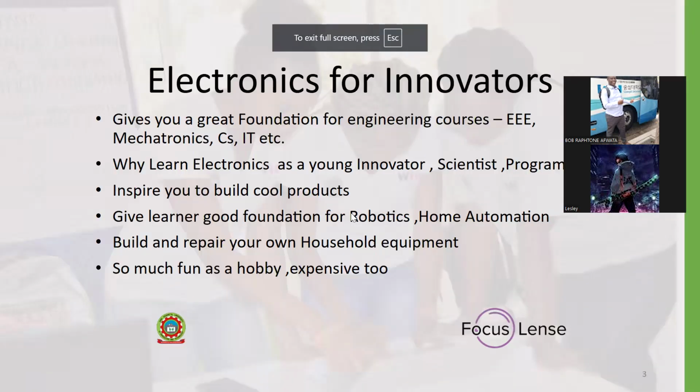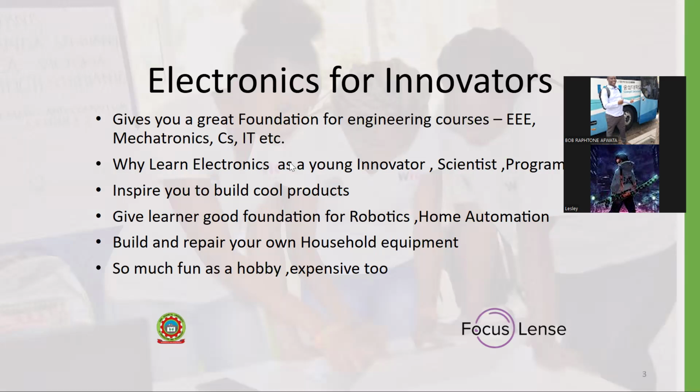Last time we looked at the introduction to electronics and why it is important to learn it as an innovator, as a scientist, and also in your career in robotics and mechatronic systems, and also to help you repair your household equipment, also as a hobby.